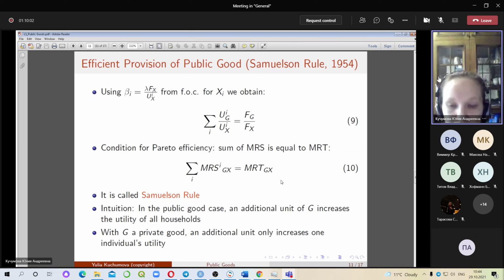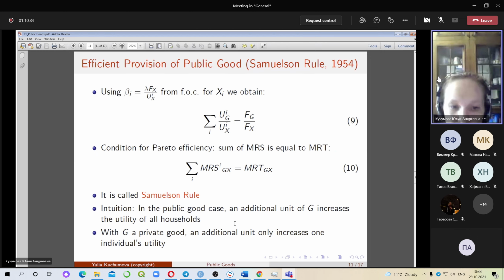In the public good case, an additional unit of G increases the utility of all households. So if we produce one unit of a public good, it will benefit all the consumers, and therefore we need to count this benefit, which is accounted for by the sum of marginal rates of substitution.